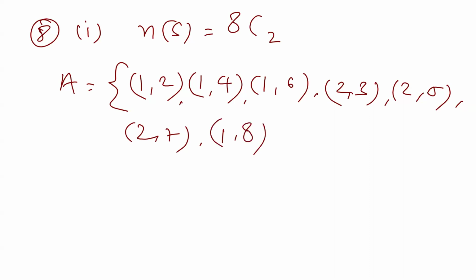Okay, 2 3, 2 5, 2 7. Then 3 2, 3 2 is already done. 3 5, 3 5 will give me 8, sorry. 3 4, the total is 7. Okay, then 3 6, right?